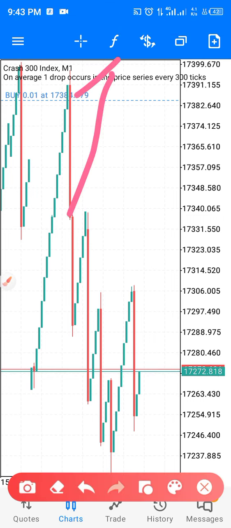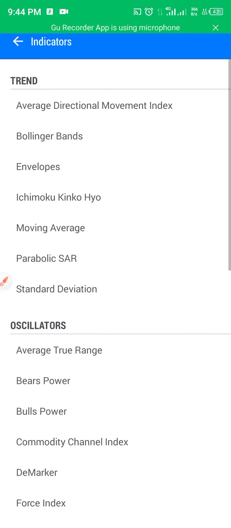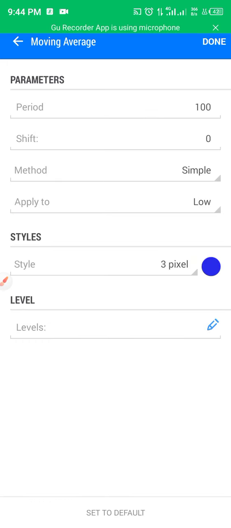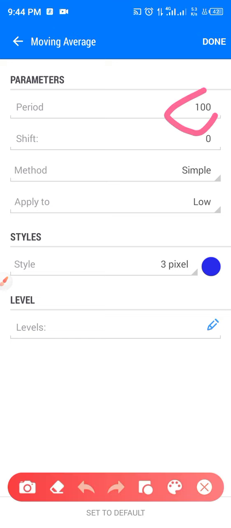So you are going to click on this F, which stands for function. You look for moving average, and you can put the properties you see here. Your period should be 100, shift 0, apply to method simple, apply to low, and choose your color.